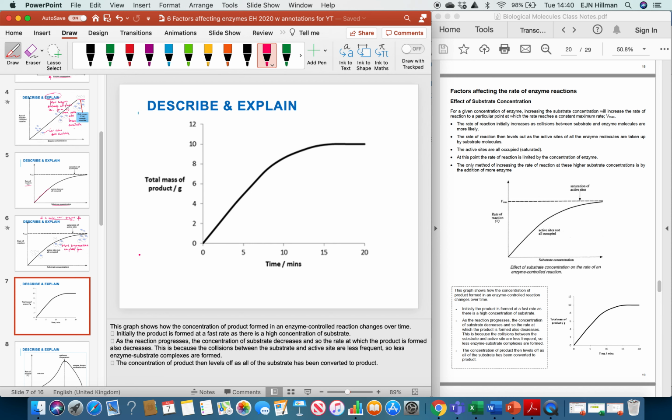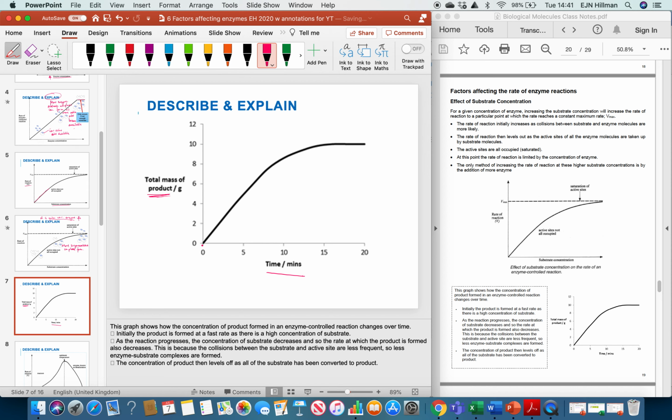Okay, here we also have slightly different axes. This time we have time on the x-axis. So here we're looking at a reaction which is taking place over a given time. On the y-axis, so the dependent variable, we are measuring the mass of the product.